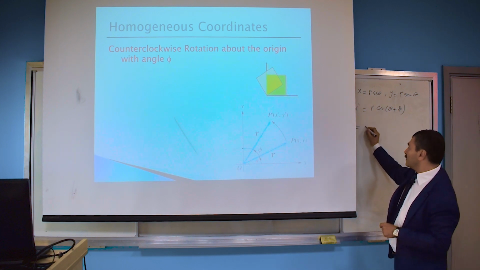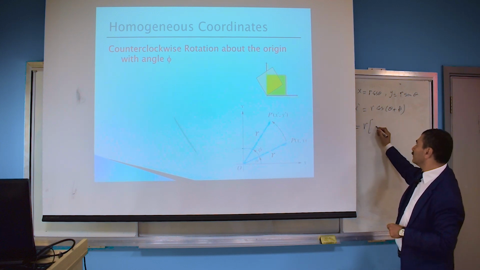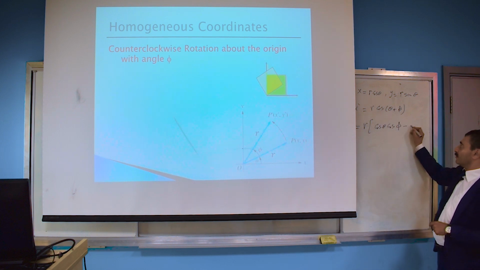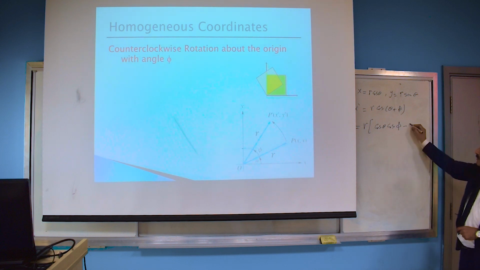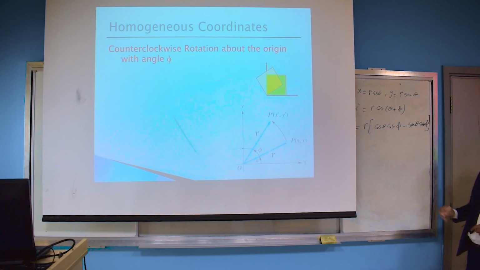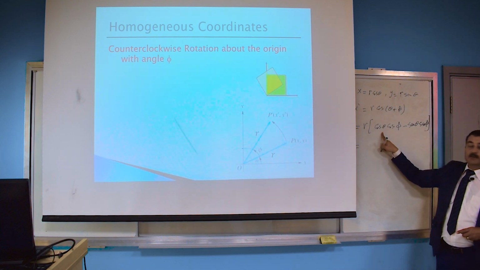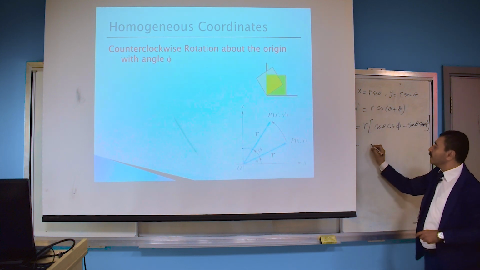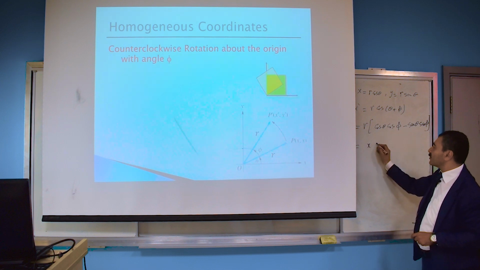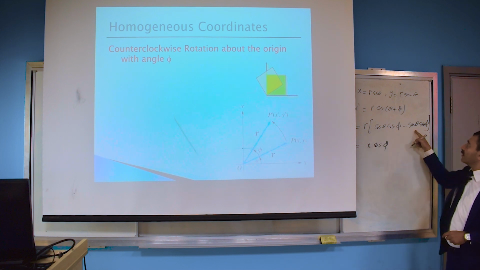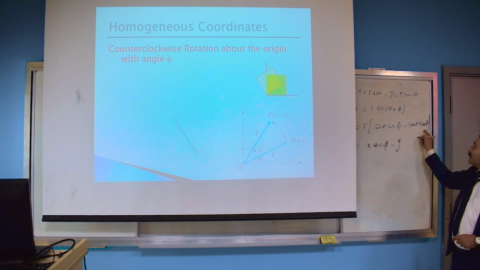So this is r cosine theta cosine phi minus sine theta sine phi. So what do we get actually here? R cosine theta, which is the original x, multiplied by cosine phi. And then r sine theta, which is y, times sine phi.